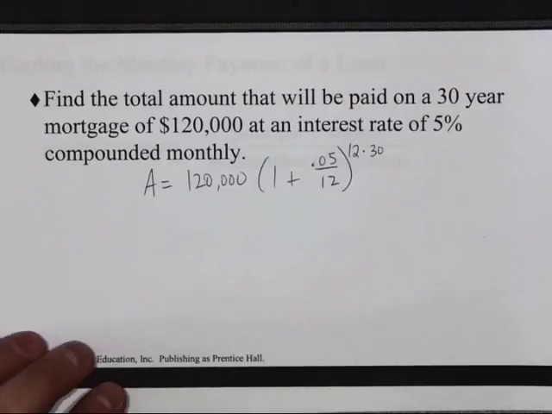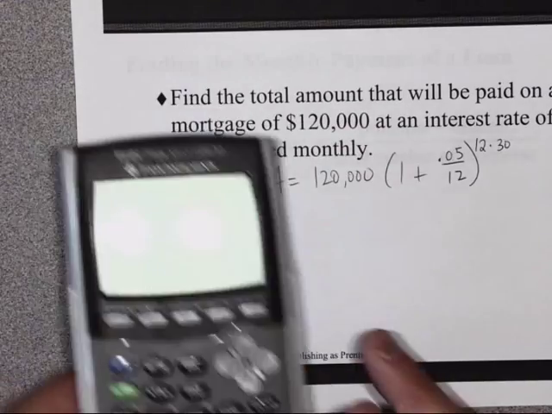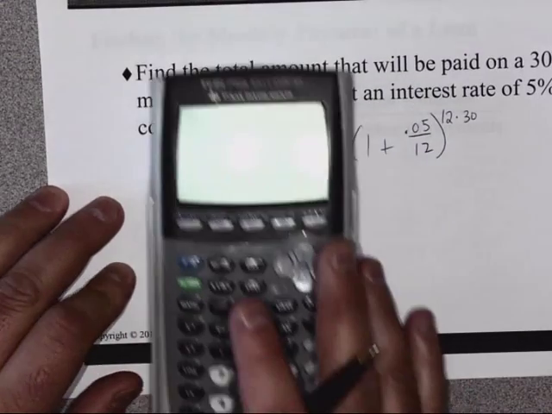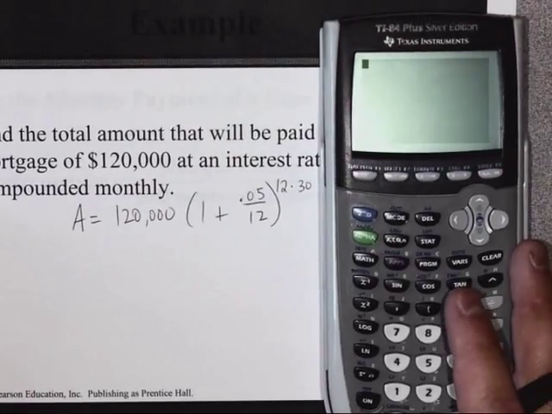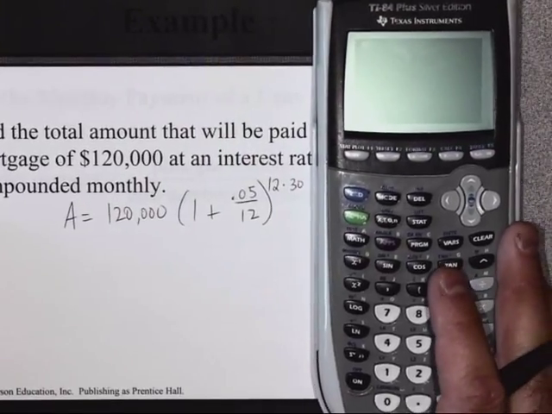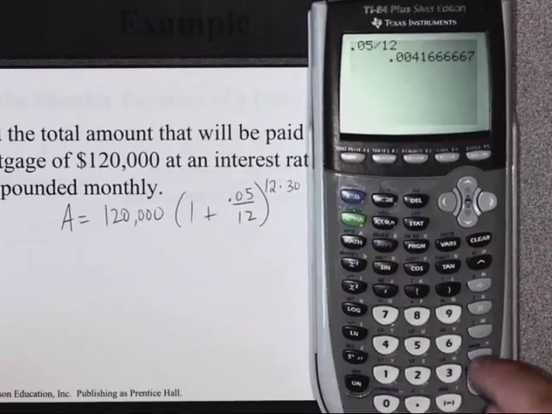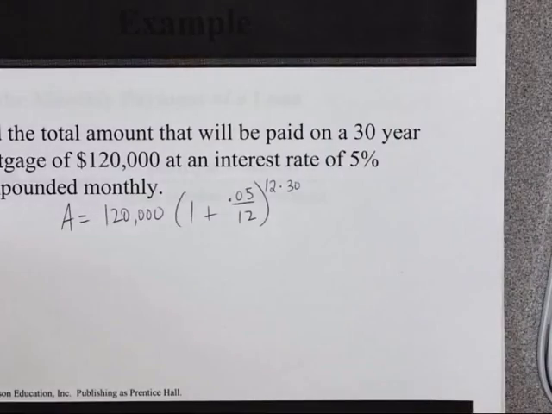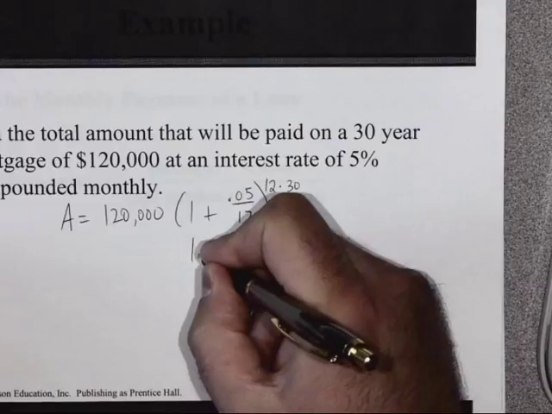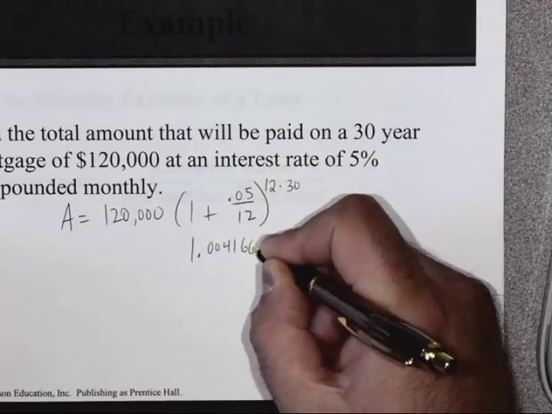Okay, so I'll do this on a graphing calculator just to give you another type of calculator to see. Try to arrange this so you can see it well. Okay, so do the 0.05 divided by 12, add that to 1. So notice I'm not rounding any of this. So I get 1.00416 repeating.